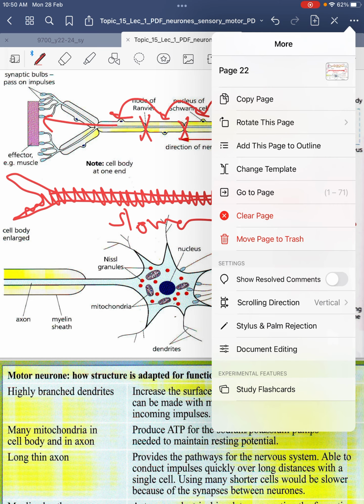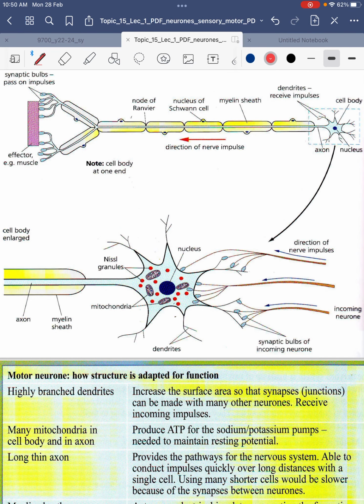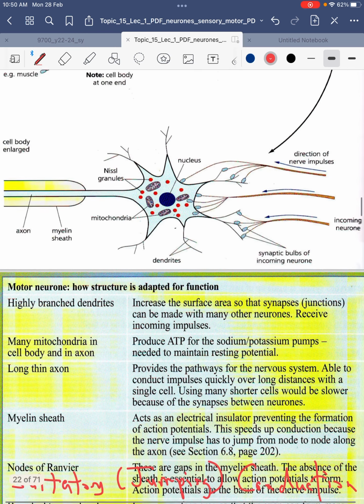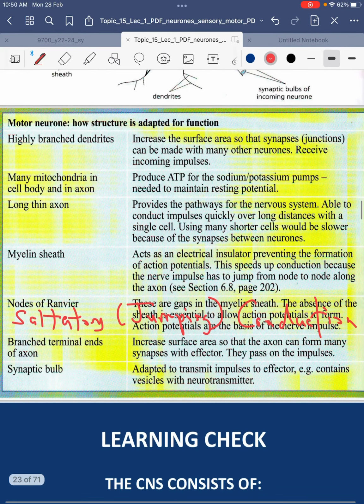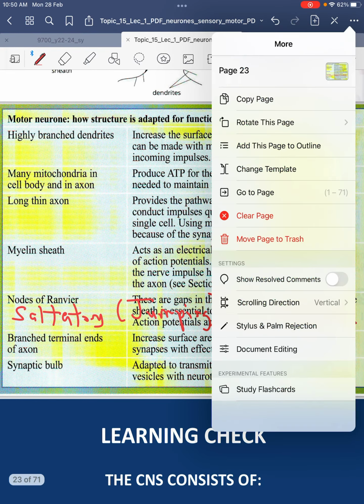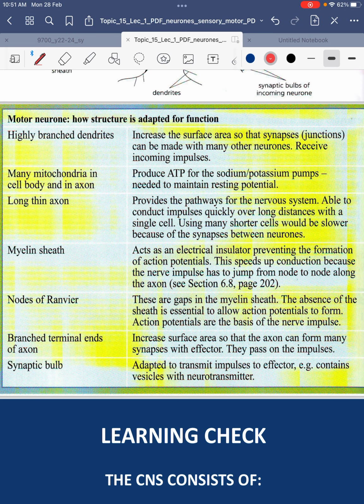But because some axons have myelin shield, and areas where there is no myelin shield are called nodes of Ranvier, the electrical impulse can actually jump like this. Then it reaches the effector quickly. Okay? So don't worry about that. This is just an introduction. You will learn more on that.